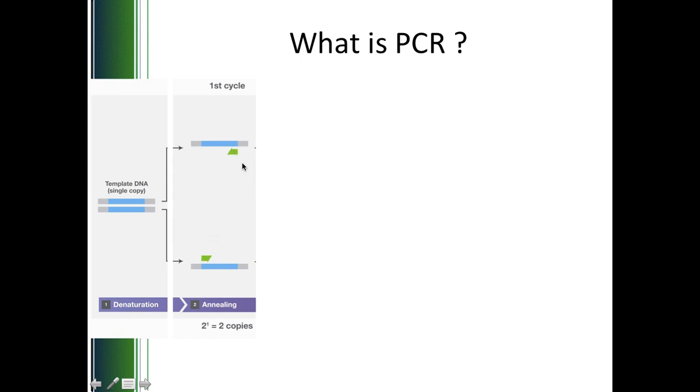So the short pieces of DNA, the primers, will bind to the target DNA in a sequence specific manner. Why sequence specific? Because binding of primer to the DNA must follow the Watson and Crick base pairing rule. So the green colored short pieces of primer cannot bind to the DNA unless their sequences are complementary.